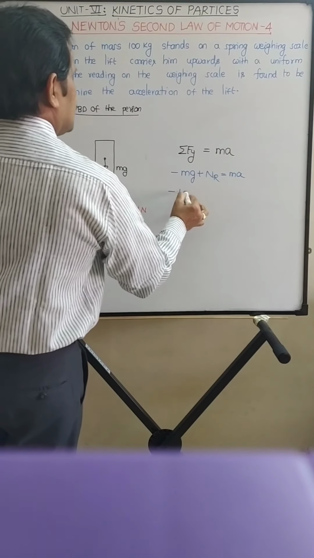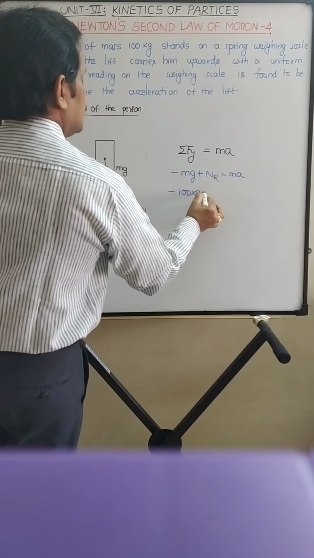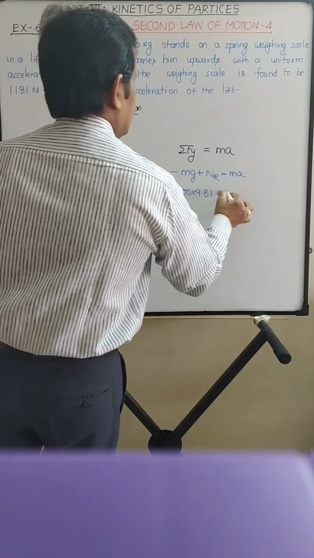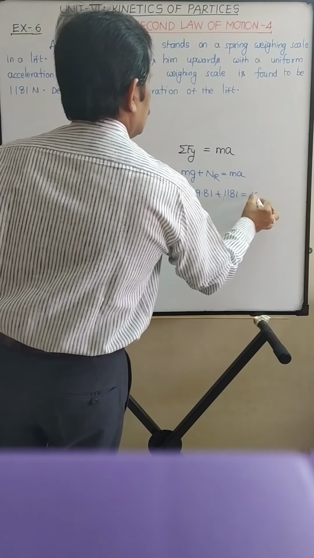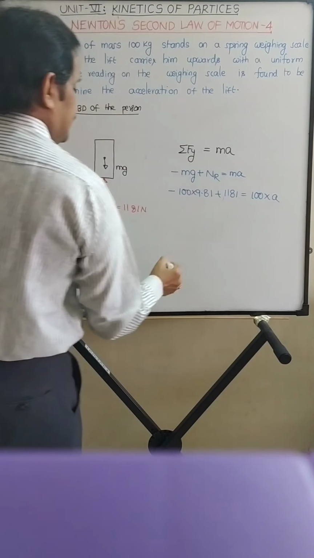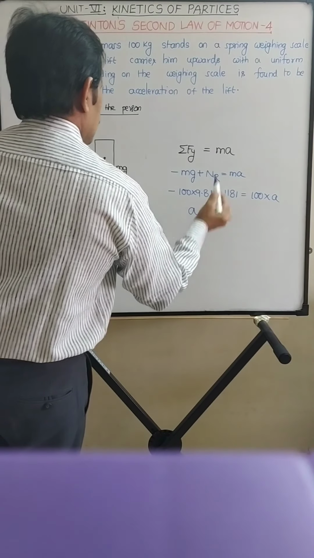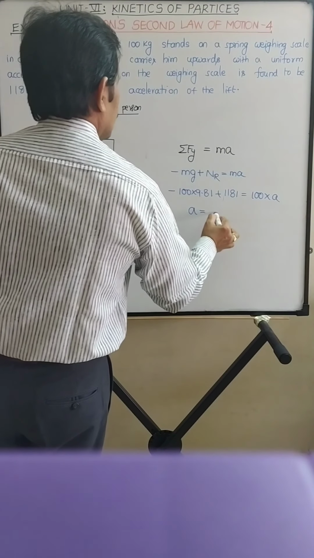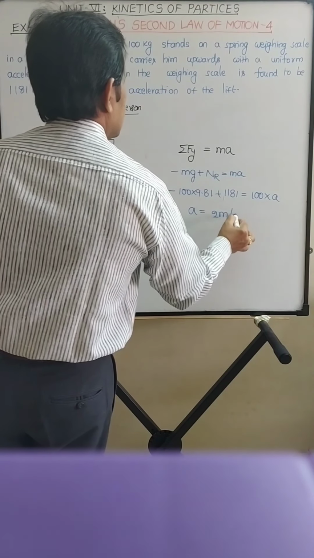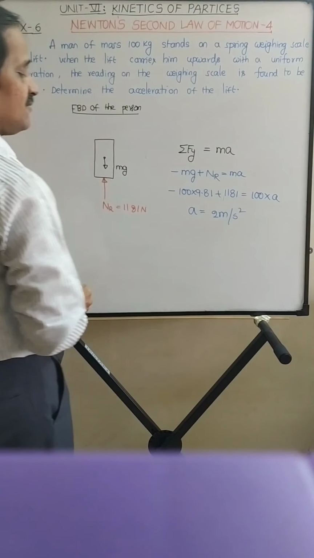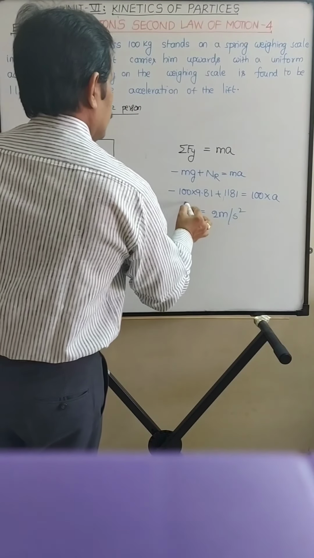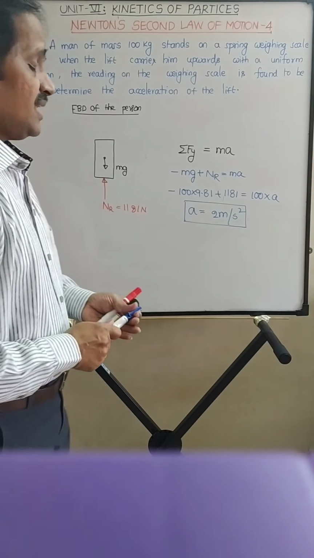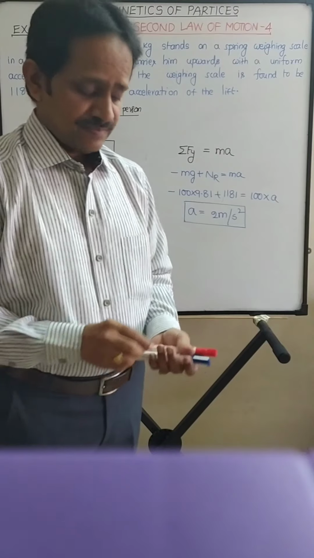So minus mass of the person 100 kg times g 9.81, plus normal reaction 1181, is equal to 100 into A. This gives you A equal to 2 meters per second square, which is nothing but the acceleration of the lift.